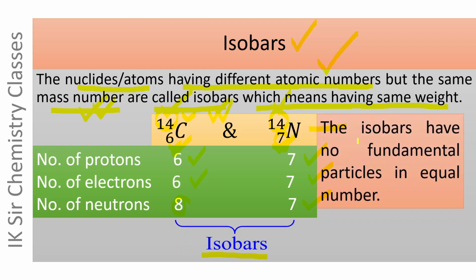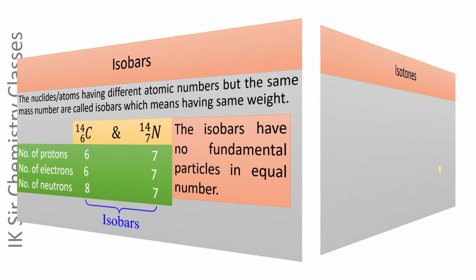The isobars have no fundamental particles in equal number. These two isobars differ in number of protons, in number of electrons, as well as in number of neutrons.